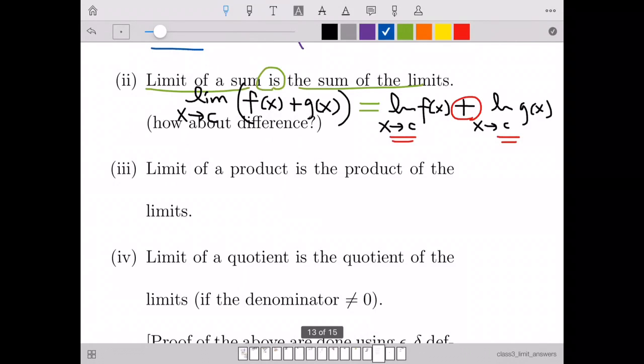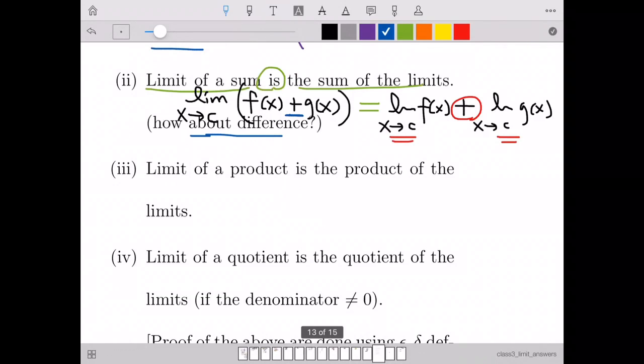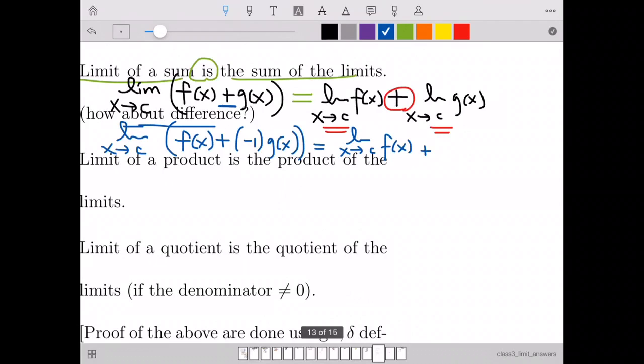What about difference? Suppose I have minus there, then it can be viewed as f of x plus minus 1 times g of x. The limit of this, by the sum rule, is the limit as x approaches c of f of x plus the limit as x approaches c of minus 1 times g of x.